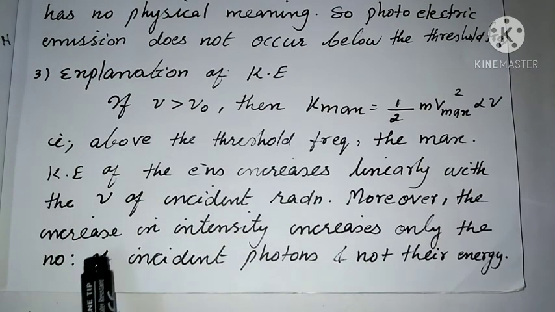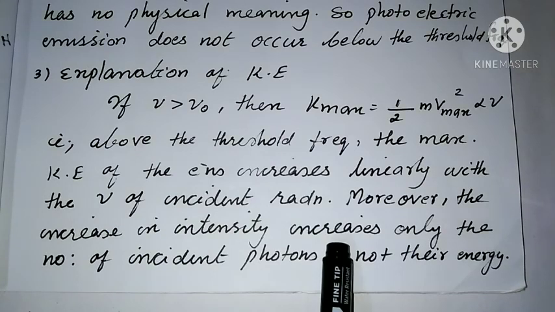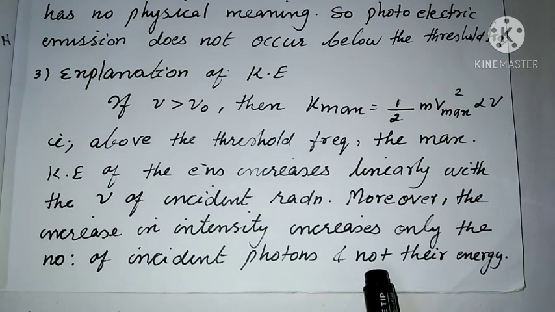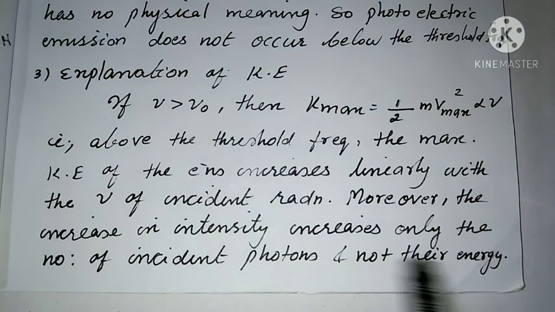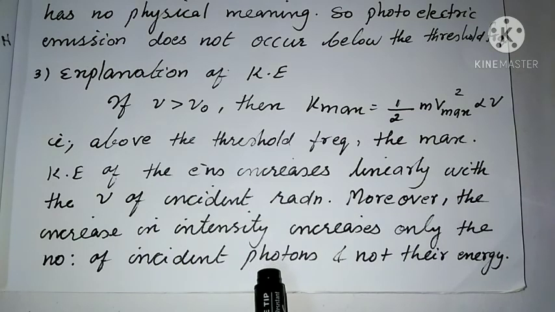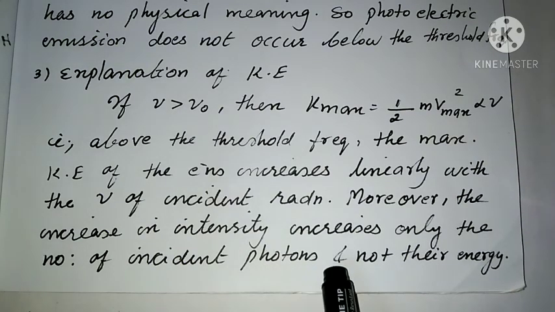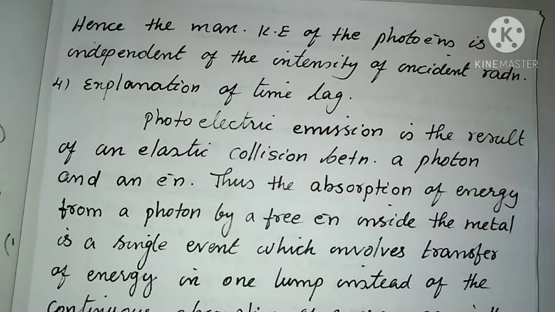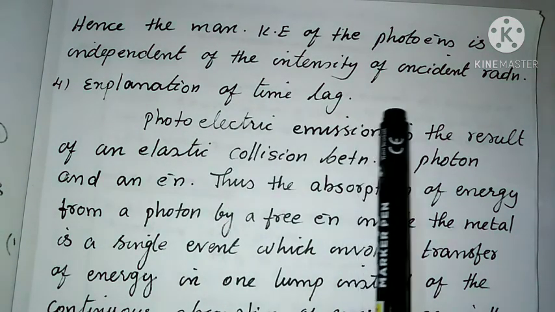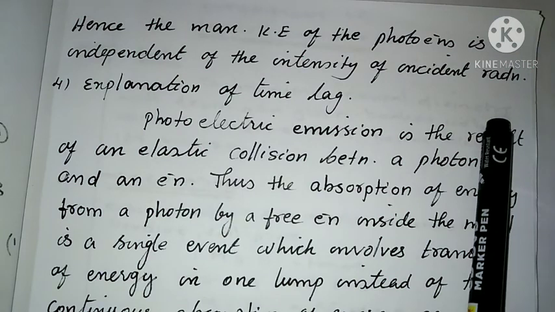Moreover, an increase in intensity increases only the number of incident photons and not their energy. Hence, the maximum kinetic energy of photoelectrons is independent of the intensity of incident radiation.